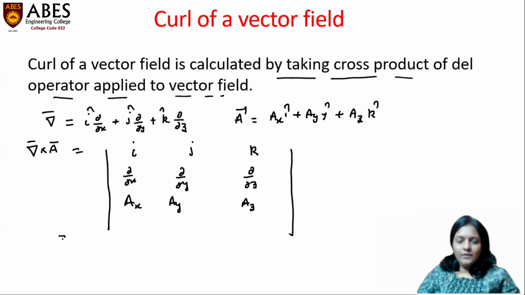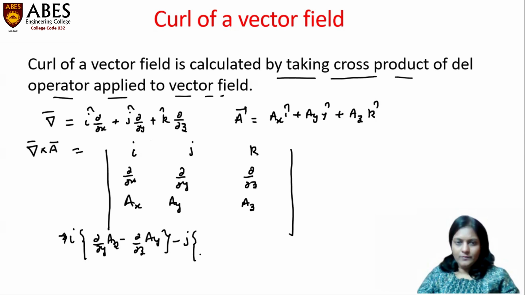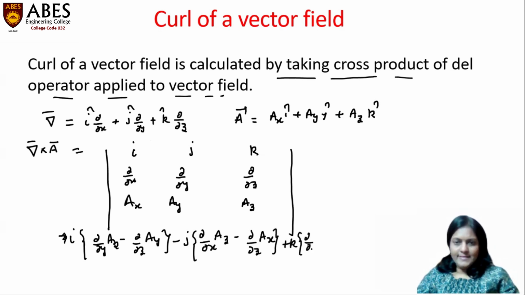So after solving it, we will get i (del over del y az minus del over del z ay) minus j (del over del x az minus del over del z ax) plus k (del over del x ay minus del over del y ax).